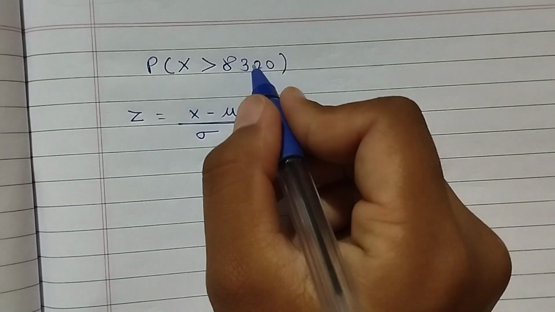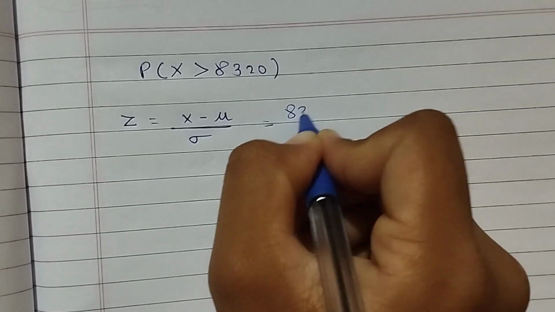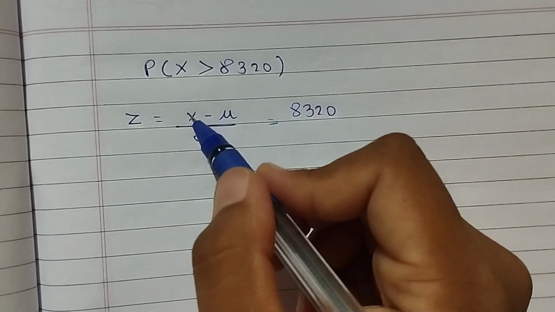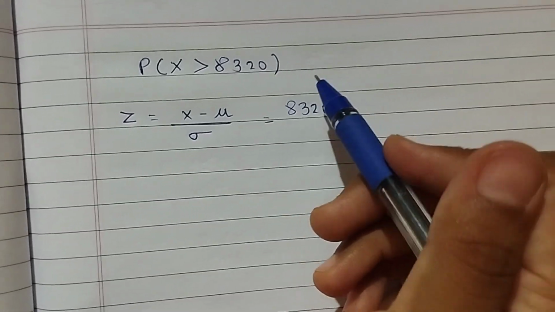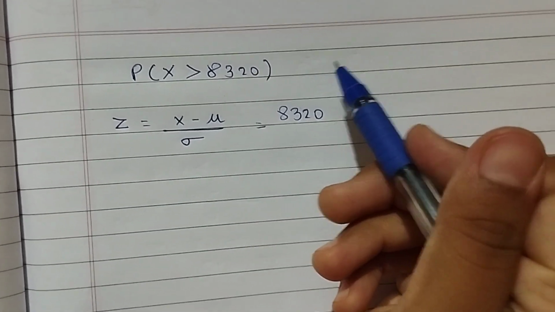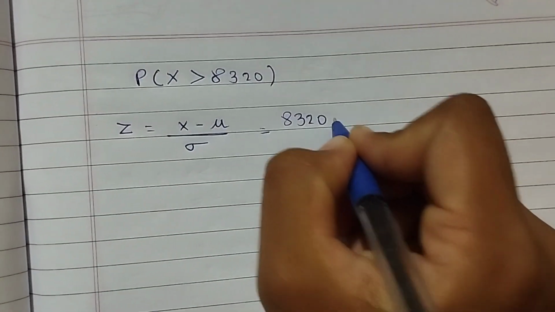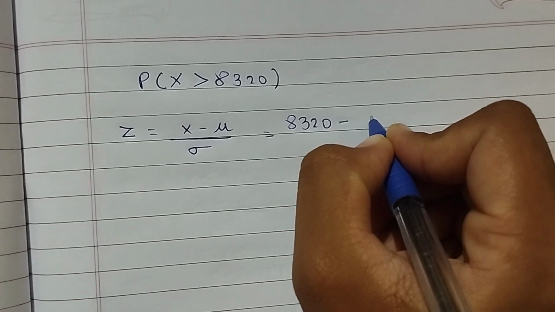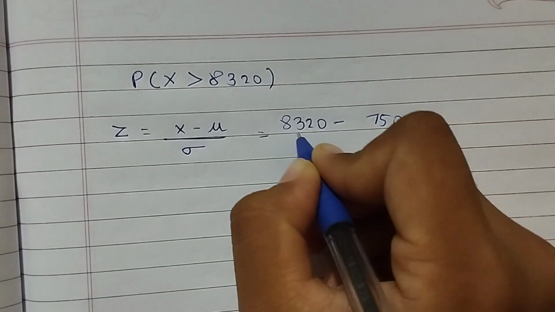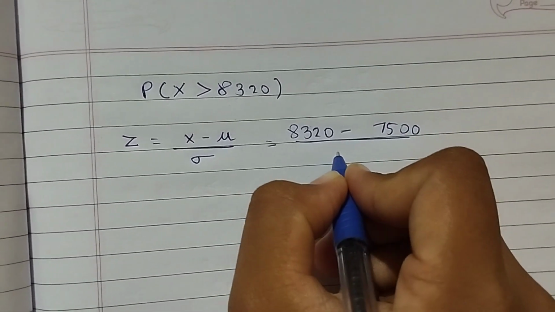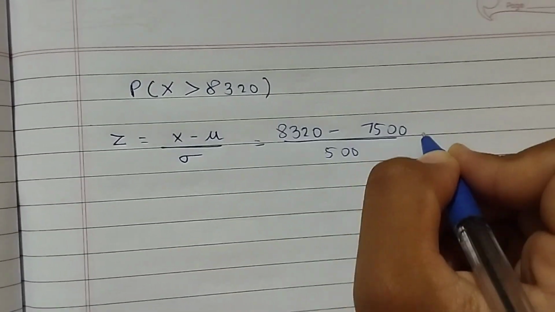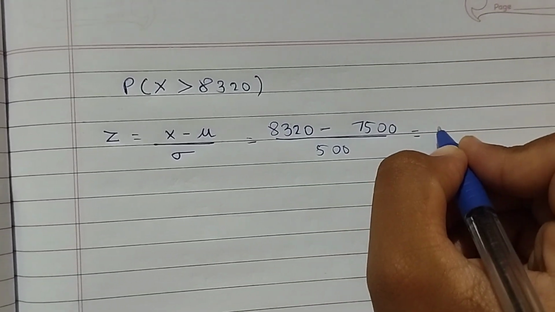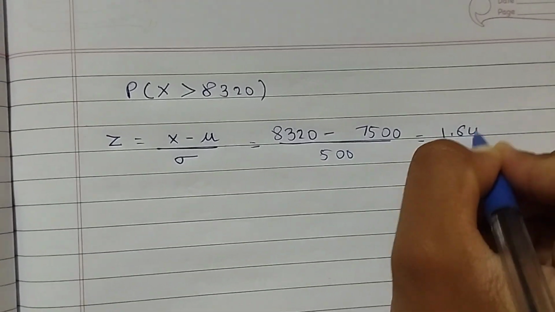So the value of x is 8320. Put the value of x which is given for calculating. So minus the value of mu which is 7500, divided by the value of rho which is 500, and when we calculate all this we get 1.64.